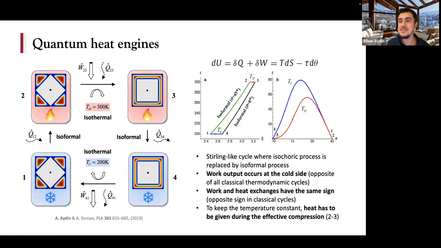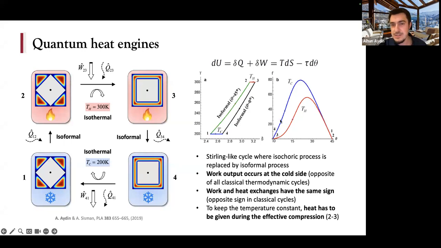In classical cycles, we are taking the work out on the hot side, right? That's where it has more pressure and so on. But here, because this is a quantum effect and it is enhanced at colder temperatures, we get work output at the cold side.